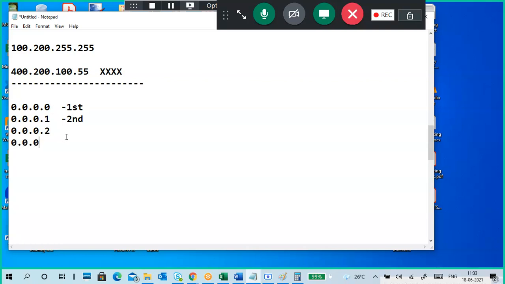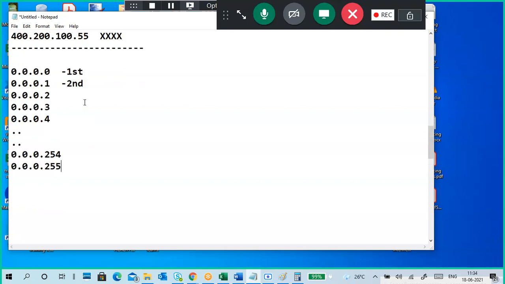It continues like that up to 0.0.0.255; the last one before is 254, and the final one is 255. This part is completed.